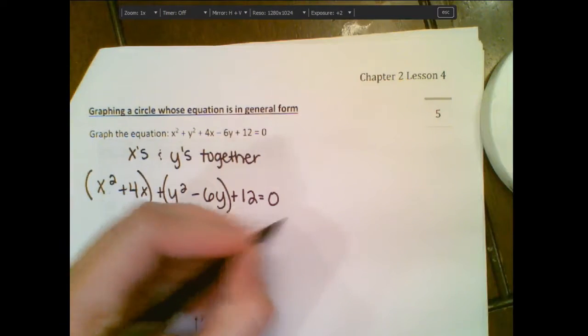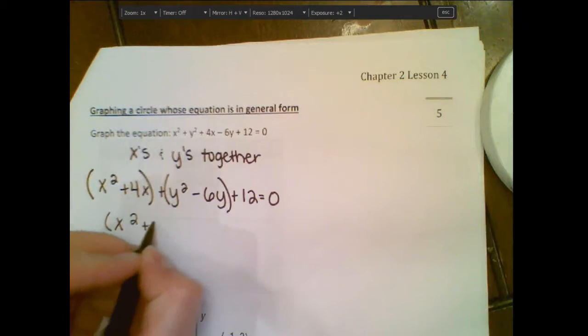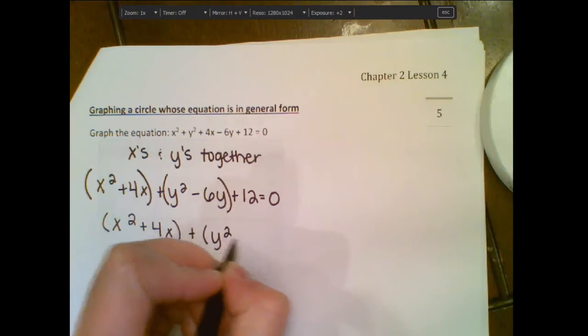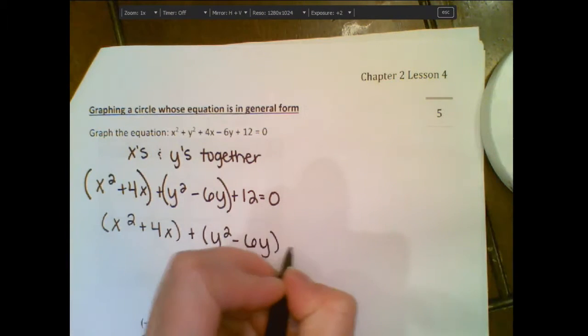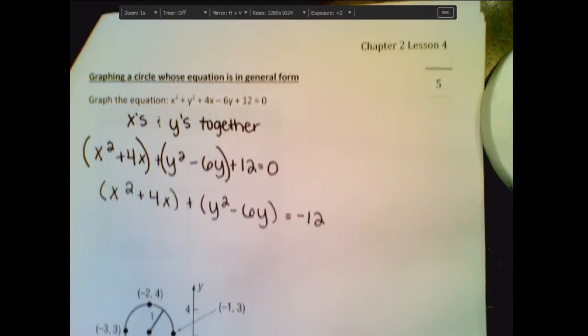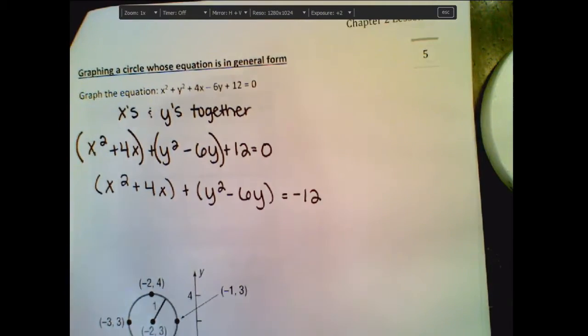So this is our constant, we're going to move it over here. I'm now going to have x squared plus 4x plus y squared minus 6y equals negative 12. We're going to complete the square for each of these.